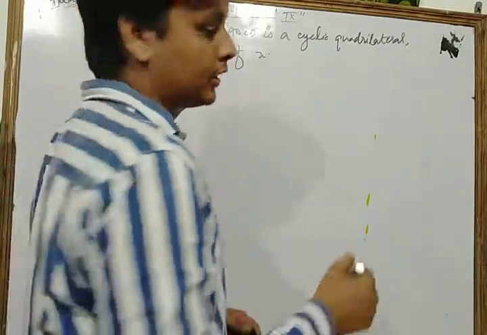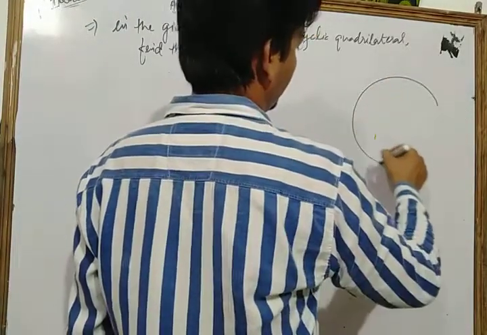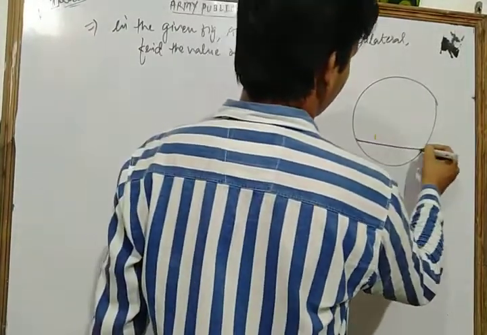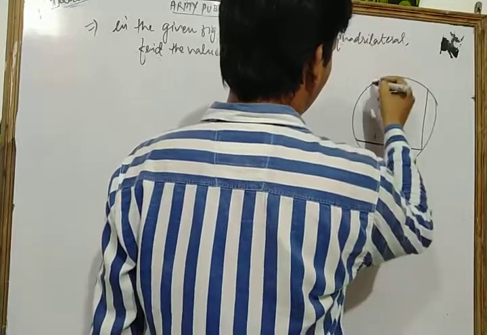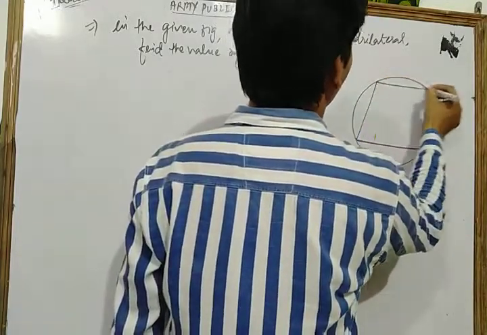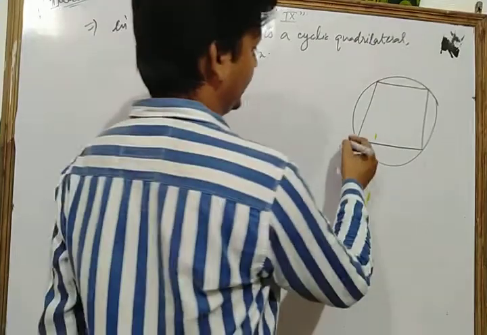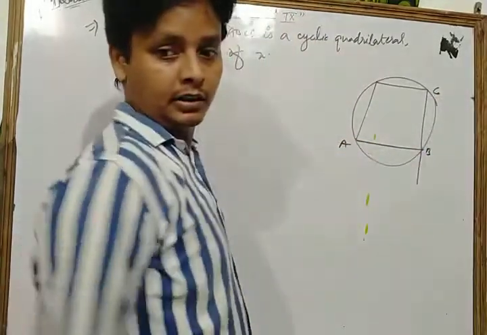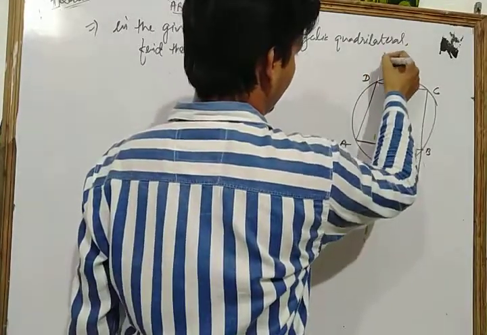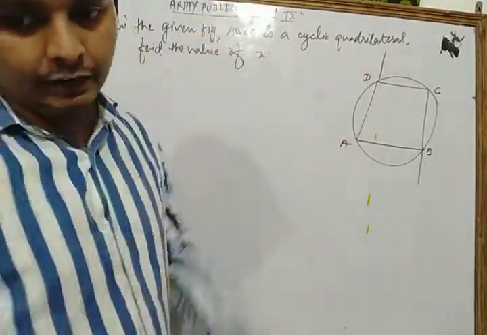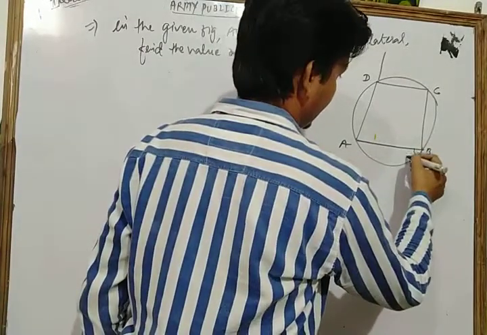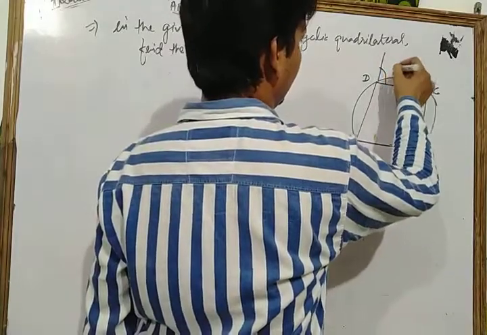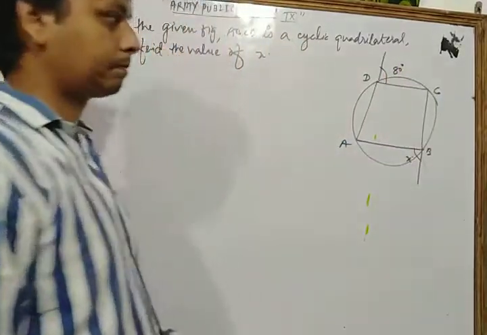Okay, let's see the figure, dear students. Here A, B, here C, and here D. And in that figure, that is x and that is 80 degree.